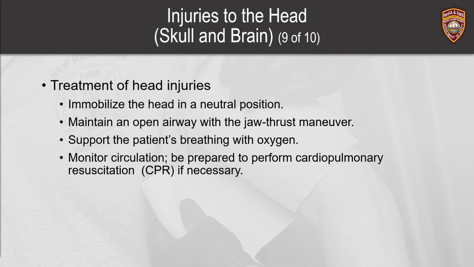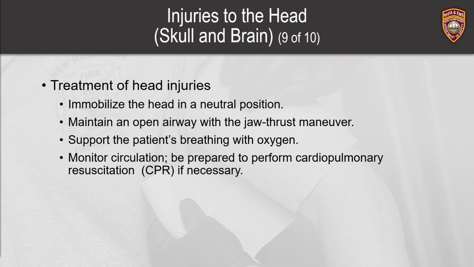So how are we going to treat these folks? Well, first thing we're going to do is take neutral inline immobilization of the head and neck, right? So we're going to have someone stabilize their head and neck and consider the application of a cervical collar, which we'll get into later. Then, of course, we're going to maintain an open airway. This is an instance where we'd want to use the jaw thrust and not a head tilt chin lift maneuver.